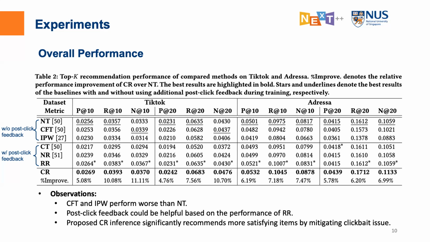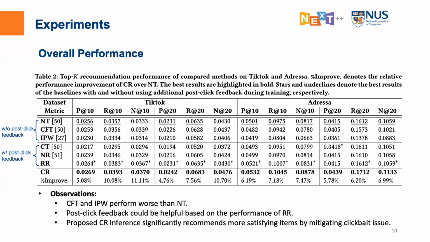Yeah. So my question is, that's with the post-click, but if you don't have post-click feedback, then how do you define it? Okay. Yeah. Because our testing is based on the post-click feedback. If we don't have post-click feedback, we cannot find whether this method can achieve better performance on mitigating the clickbait issue, right?